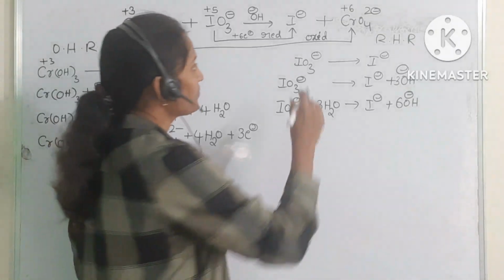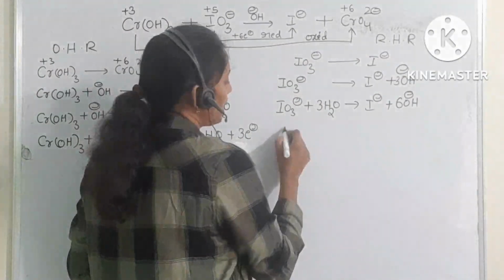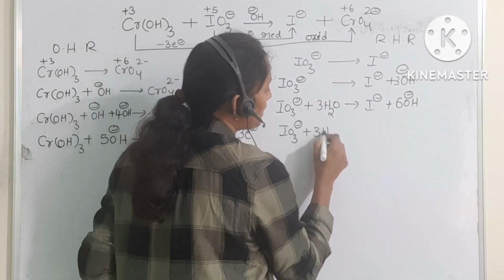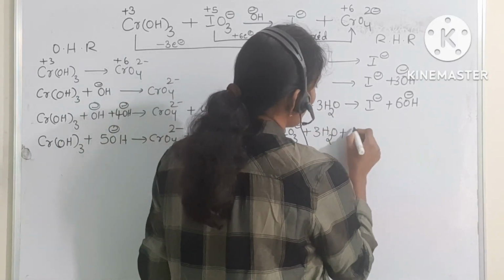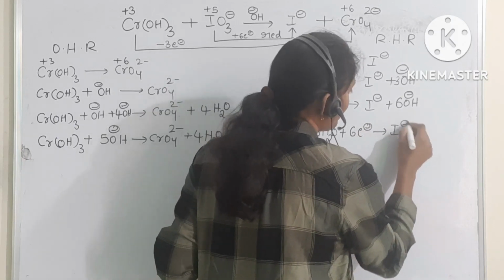In the same way, by gaining 6 electrons, iodate is converted into iodide, so you should add 6 electrons on the left side of the reduction half reaction. The remaining will be the same.